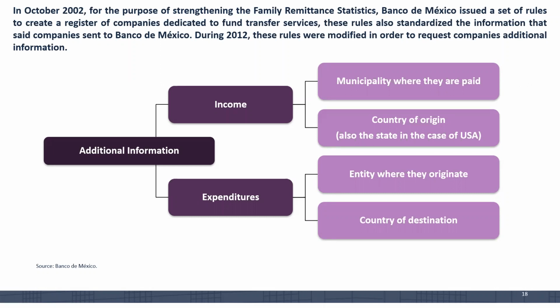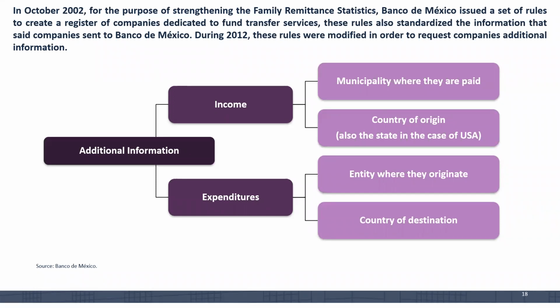The principal purpose was to standardize the information that these companies reported to the central bank on a monthly basis. 10 years later, in 2012, Banco de Mexico issued a new regulation.